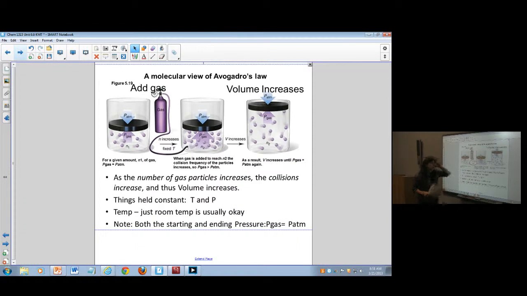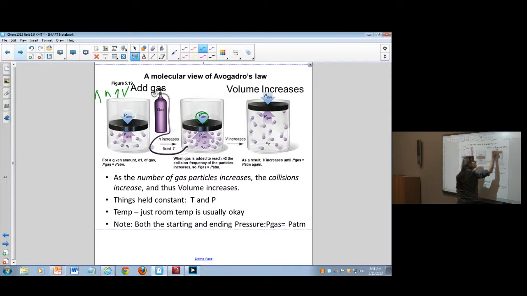How about Avogadro's law? In Avogadro's law, we're going to add some gas, and we get an increase in our volume. Now, it's important to recognize what we're doing here. We are keeping the pressure constant. The pressure in both of these is whatever the pressure of the atmosphere is.